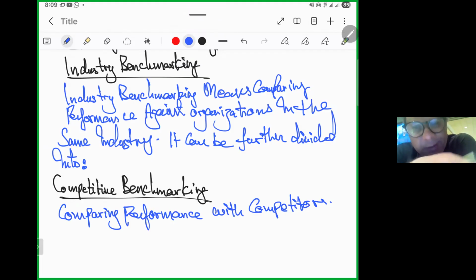This was pioneered by Xerox when Japanese competitors sold copies into the US at less than Xerox manufacturing cost. Competitors will not wish to share such information.